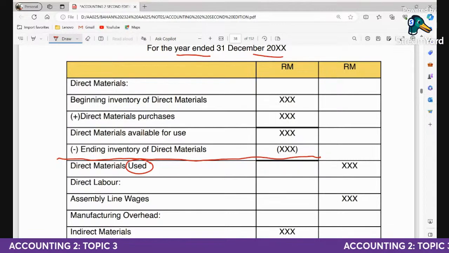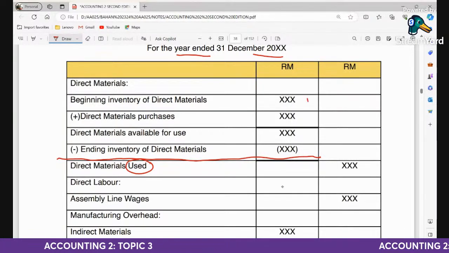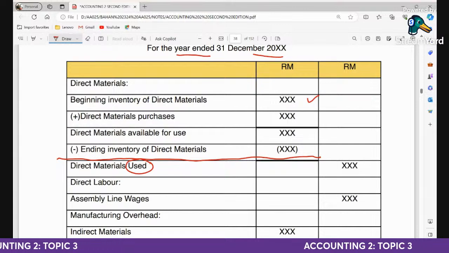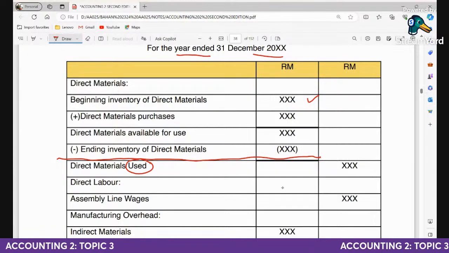So how do we calculate your direct material used? The first thing you need to list is your beginning inventory of direct material. Okay, so apa saja baki yang ada di awal tahun akan masuk di sinilah.